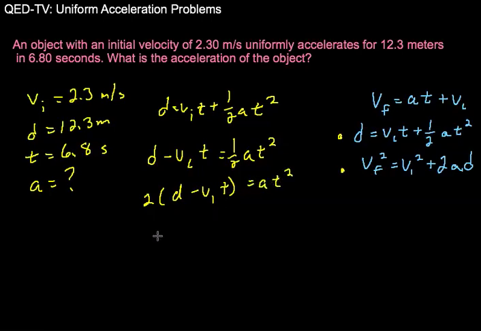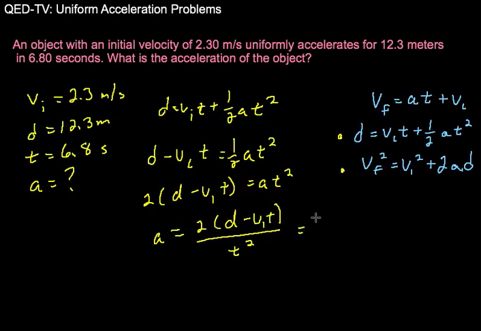And I'm trying to solve for my A, so my A would equal, I'll flip this around now is all I'm doing, 2 times D minus VIT all over T squared.